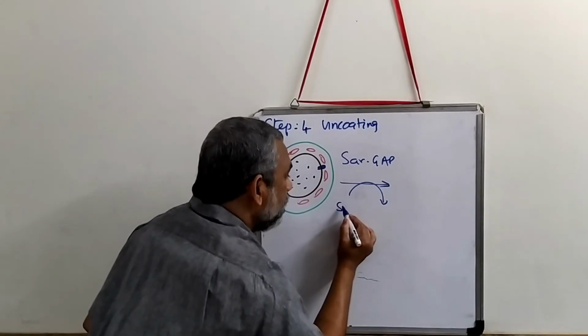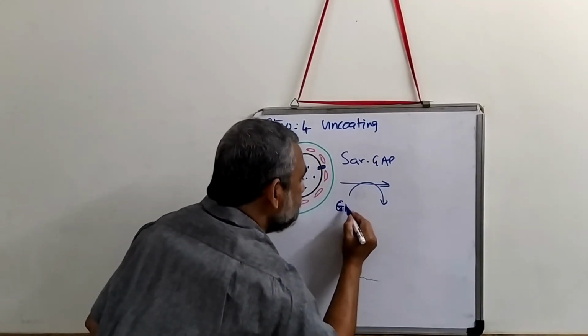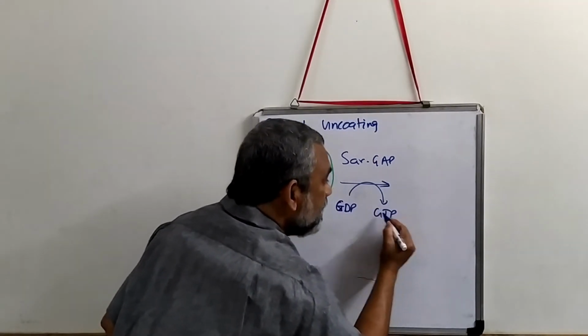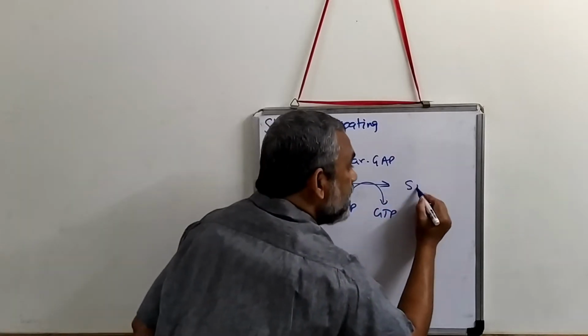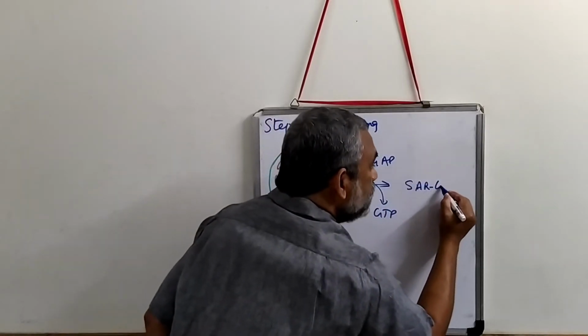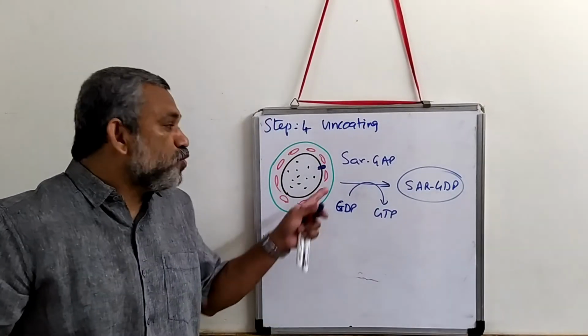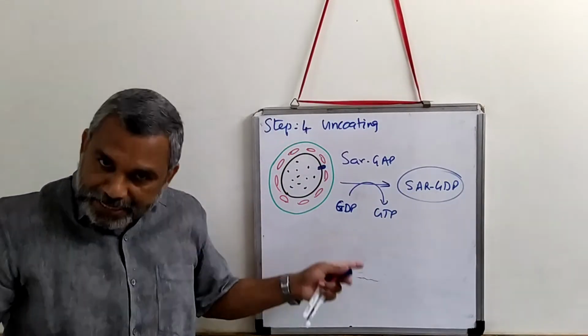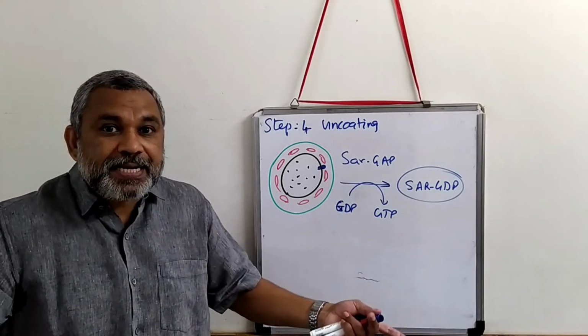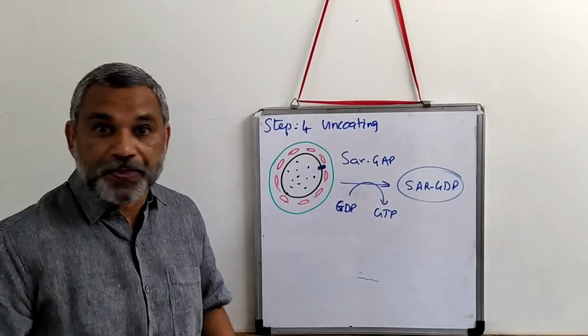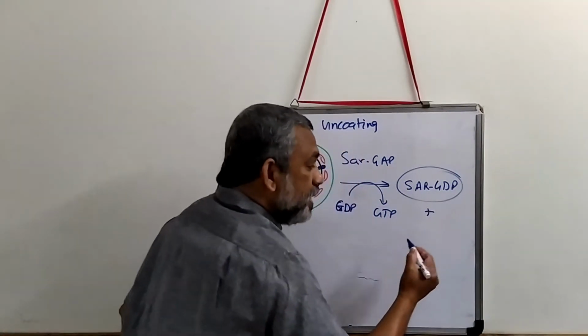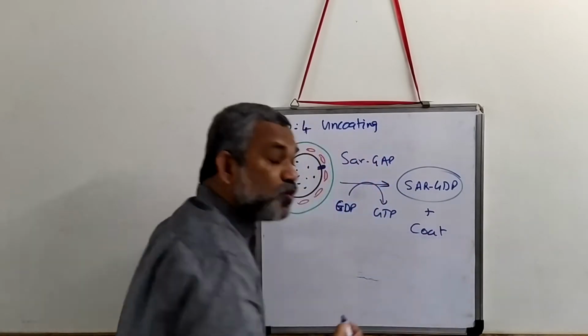So a GDP is added, GTP is removed. Now you will have a GDP bound SAR protein. You know that it has no affinity towards the membrane, it will get separated, it is supposed to be in the cytoplasm. Along with that, the coat proteins also get removed.